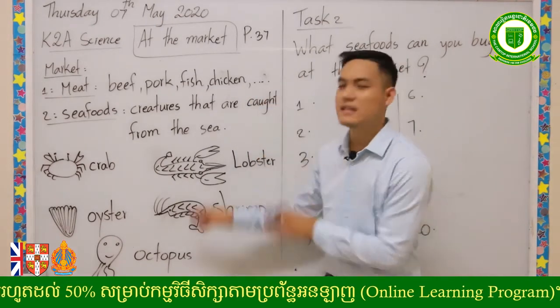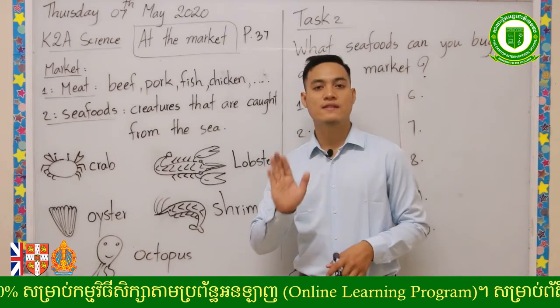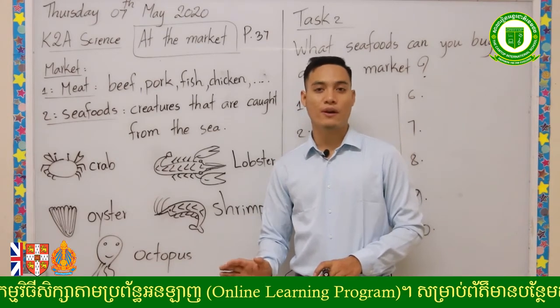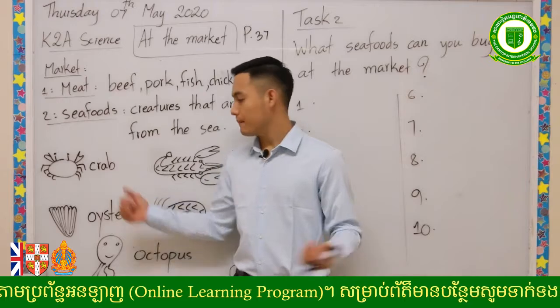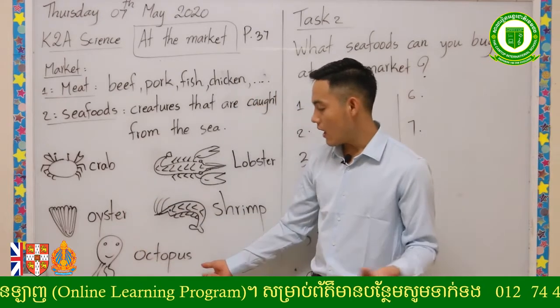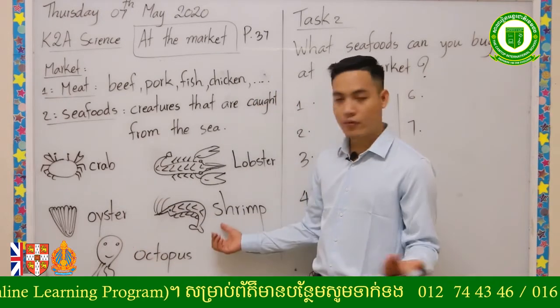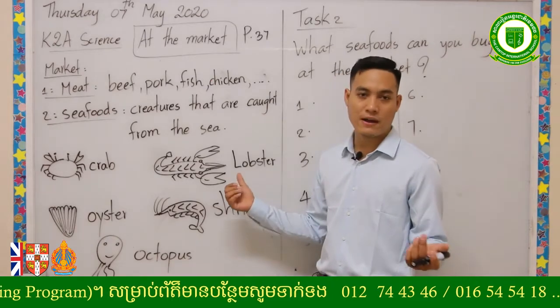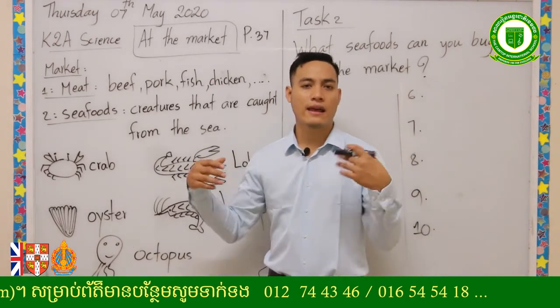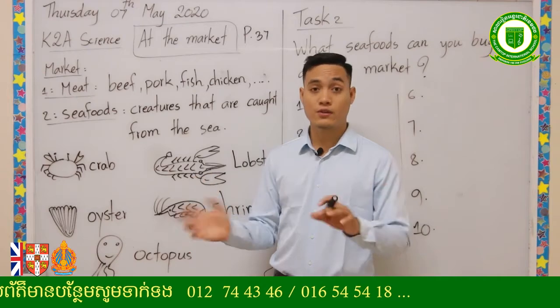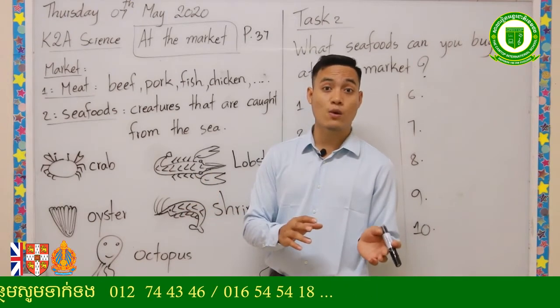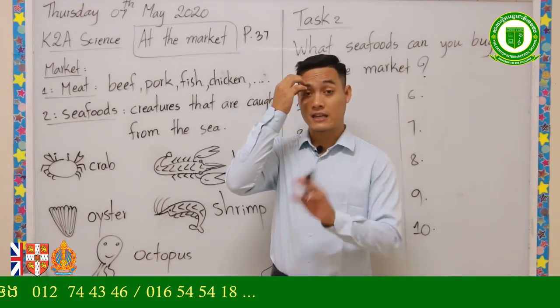But not only these 5 types of seafoods, there are more. Not only crab, oyster, octopus, shrimp or lobster, but you can find more from the sea, or from the market that they catch from the sea.